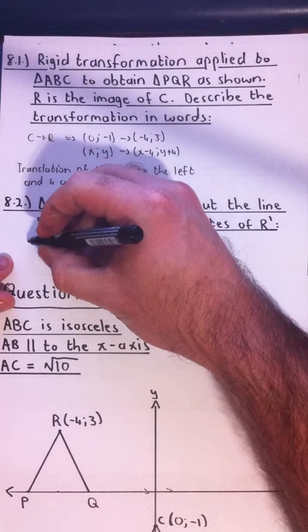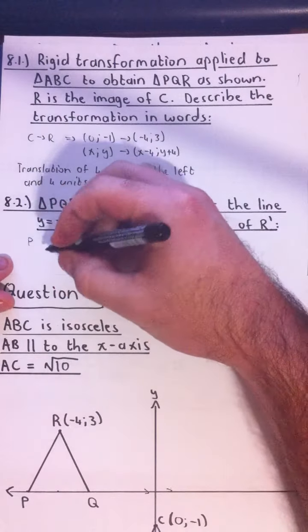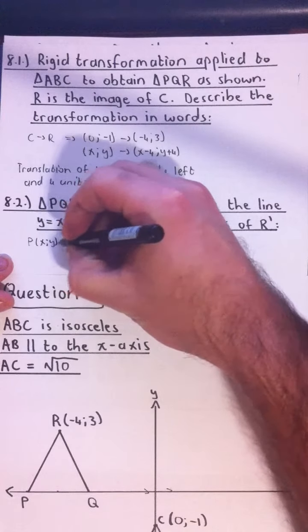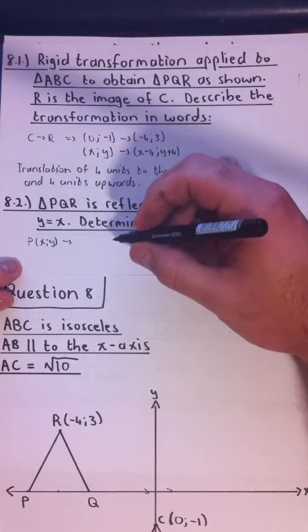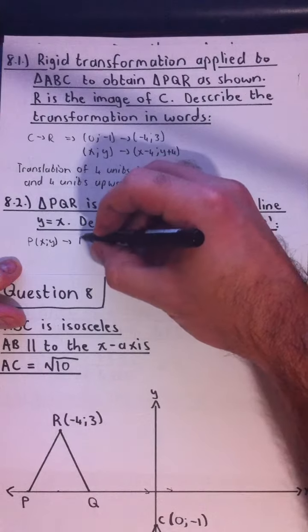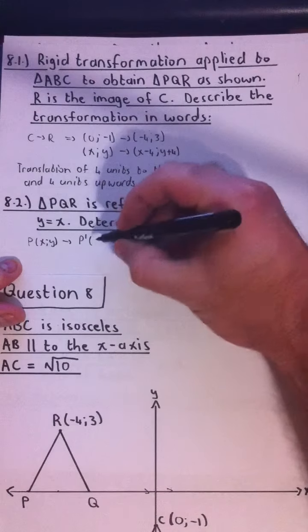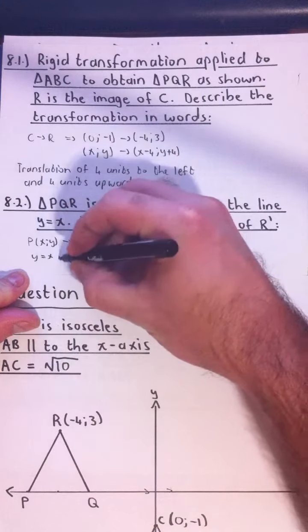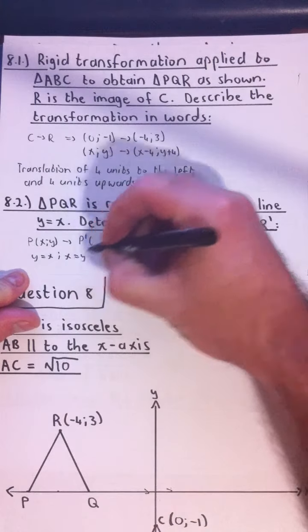So if we had an arbitrary point, let's call it point P, being x and y, and we reflect that along the line y equals x, then its reflection would become, well, if we know that y equals x, then x equals y as well.